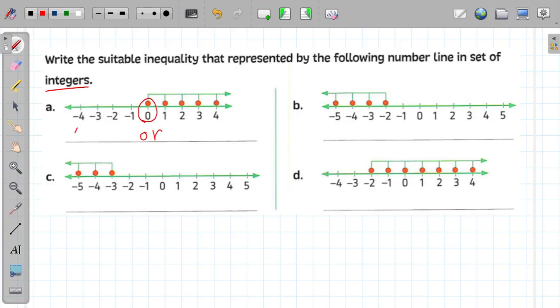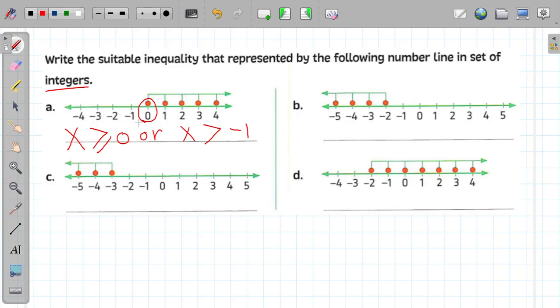Okay, so I can say x is more than or equal 0 because I start with 0 and I have numbers that are more than 0. Okay, or maybe I can say that the inequality says x more than -1.